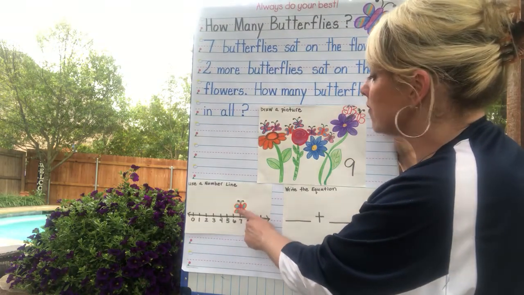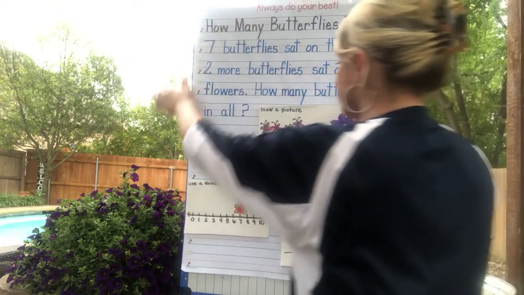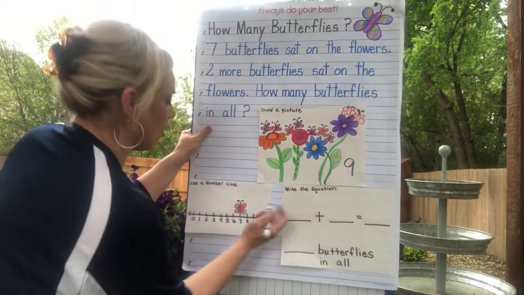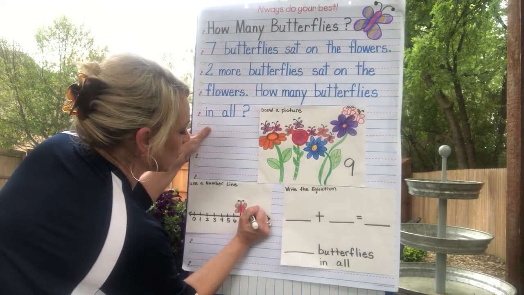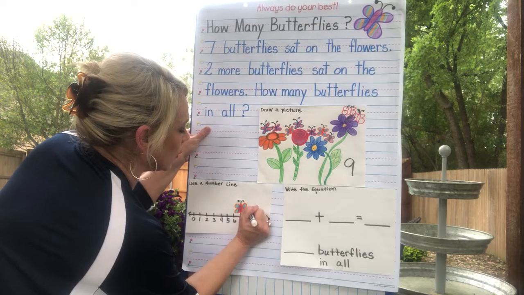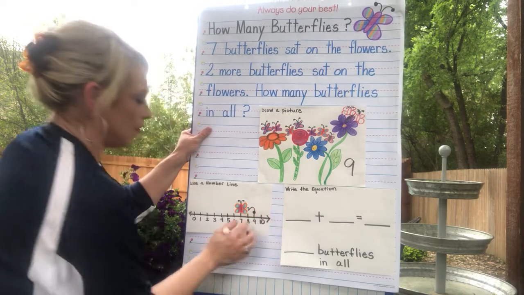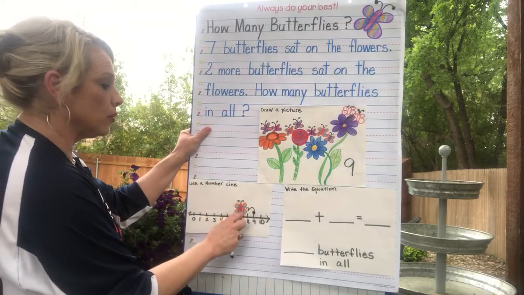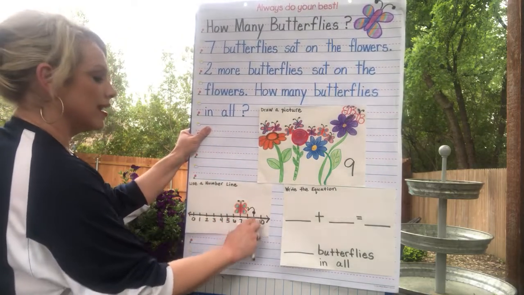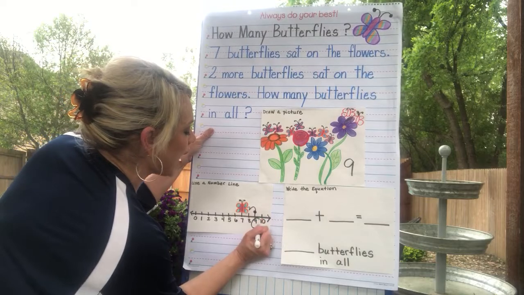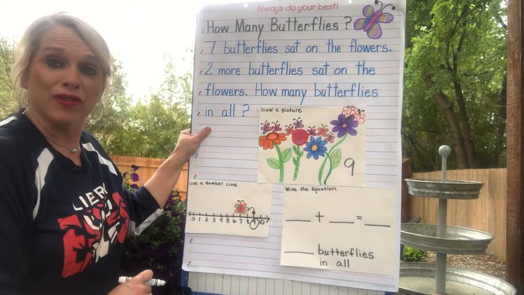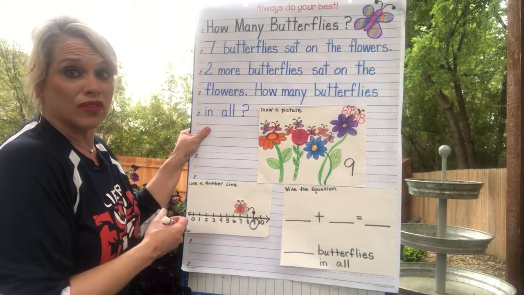So we started with 7 and we're going to count up 2 more. I'm going to move over here. All right, and we're gonna go here and then here. 7, 2 more would be 8, 9. So 9 is our answer, 9 butterflies. That's another way to solve it.